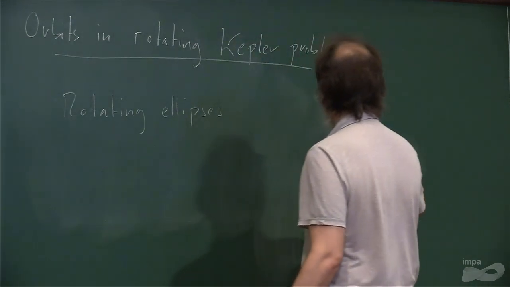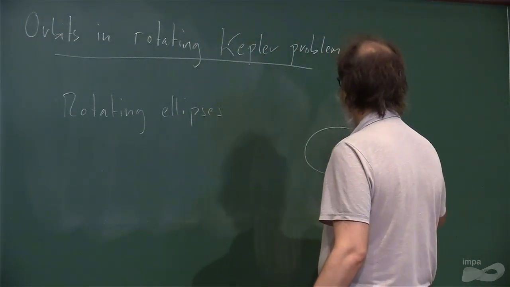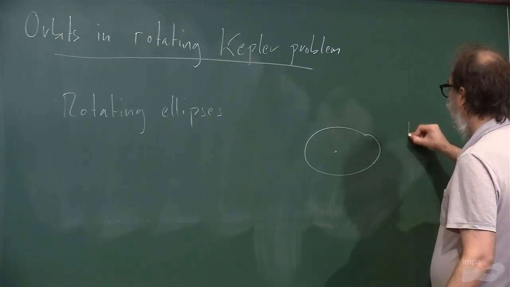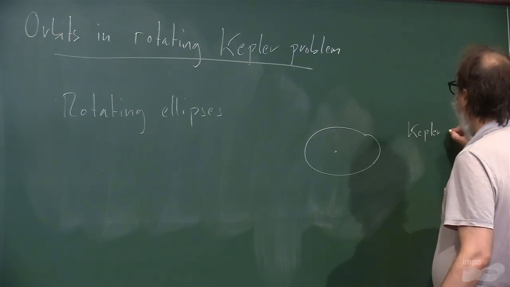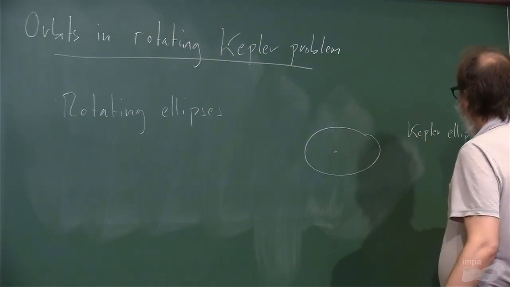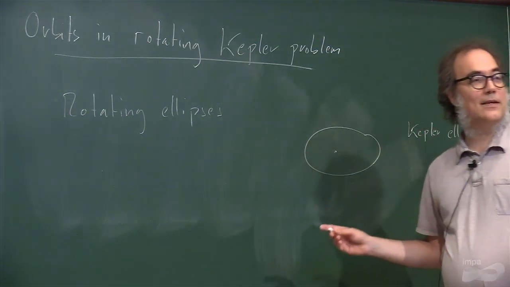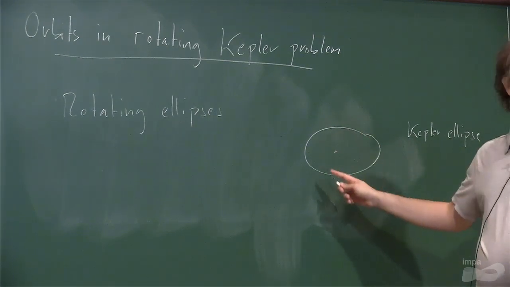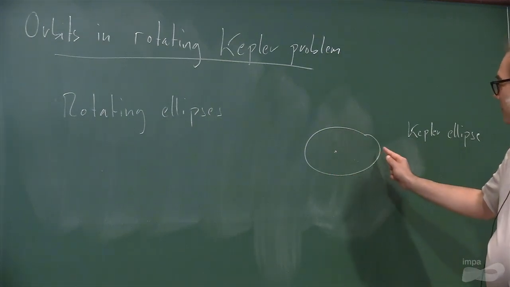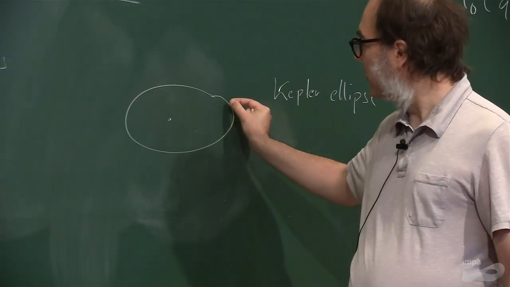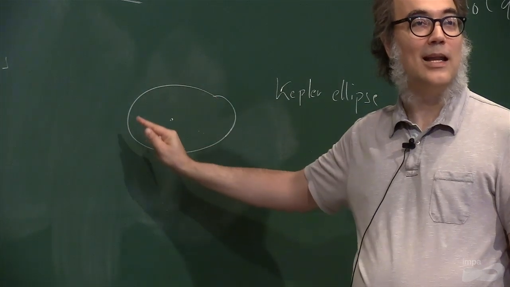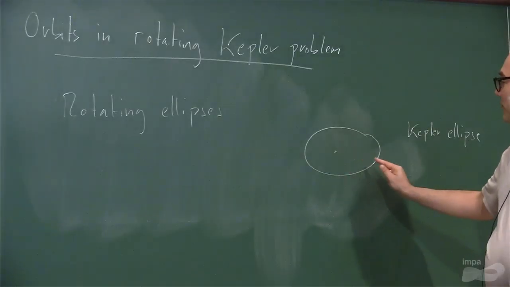So you have an ellipse, this is the Kepler ellipse. And now the picture you get is quite amazing. You can play a bit with the computer because you need to plug in the parametrization of the ellipse, which is not completely trivial.